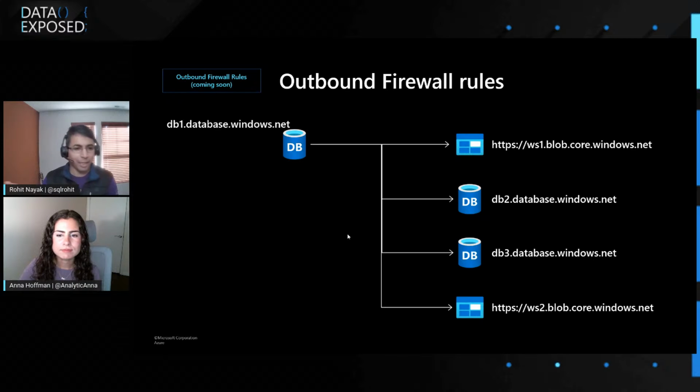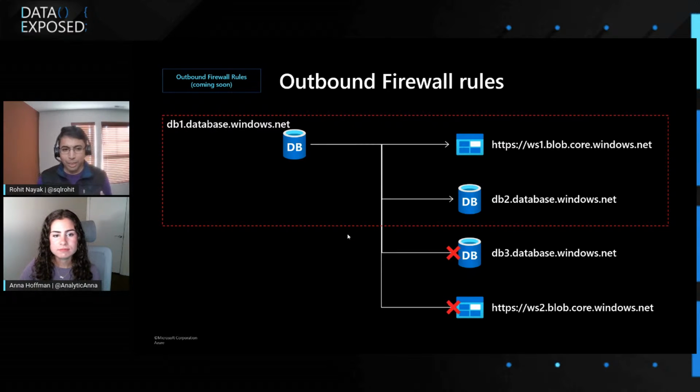Maybe it's writing a backup here or an audit log somewhere. And maybe you're using Elastic Query, so you go from DB1 to DB2 and DB3, right? This is fairly normal for customers to have. What Outbound Firewall Rules gives you is a bounding box to say, what are the resources that my database is allowed to send network traffic to?